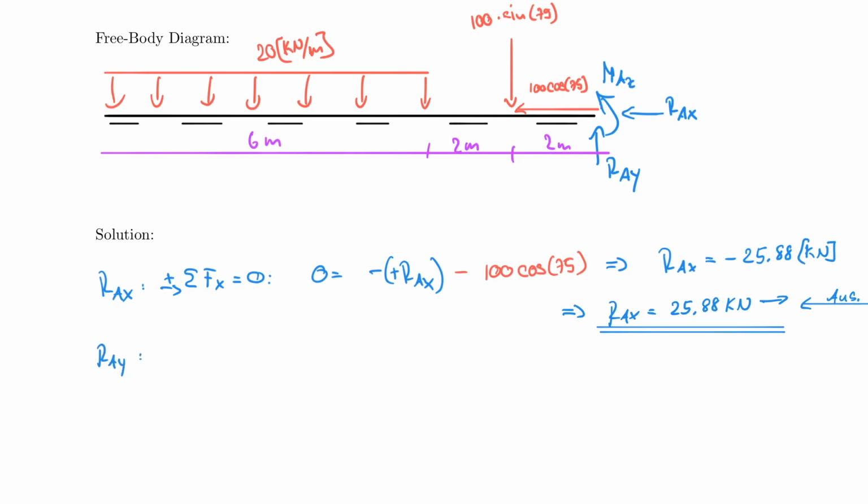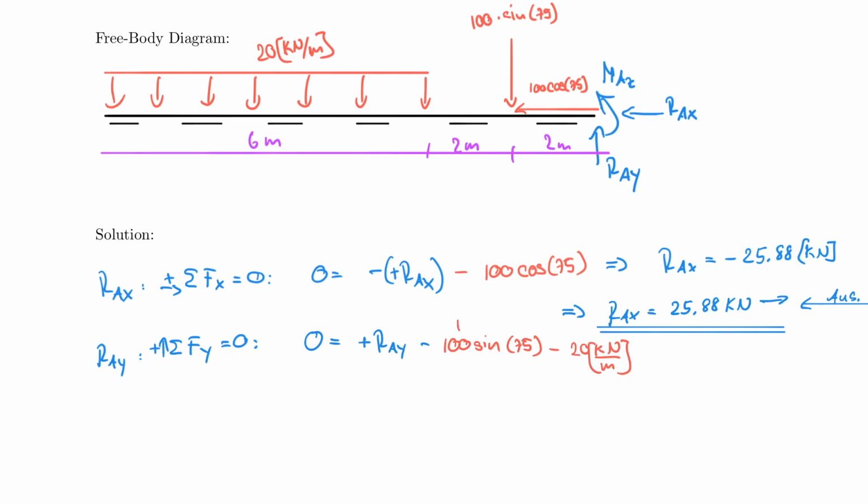which is nothing else than the sum of the forces in the y direction being equal to 0, upwards positive, and 0 is equal to plus RAY minus 100 times sine 75 minus 20 kilonewton per meter.